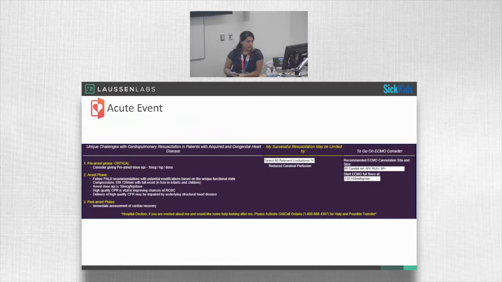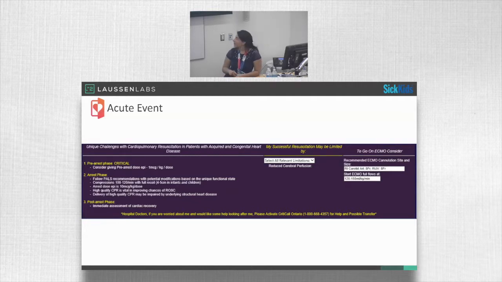And so one of the second last parts of the application addresses specifically that: if you have a patient who presents in acuity and in extremis, these are the things that you should consider in the pre-arrest, arrest, and post-arrest phase, with a lot of emphasis being put on good quality CPR, as well as a focus on drawing attention, especially the attention of peripheral hospital clinicians, to considering what the limitations to successful resuscitation of a patient would be, to then trigger the thought process of trying to get help from other tertiary institutions with more specialized care.